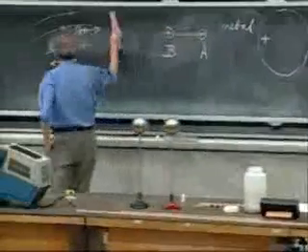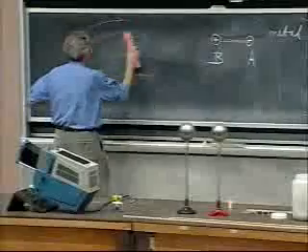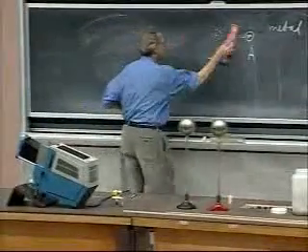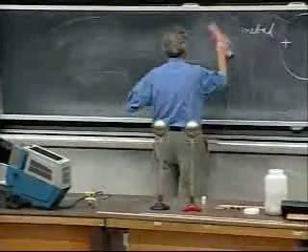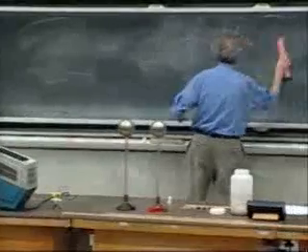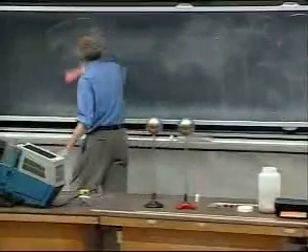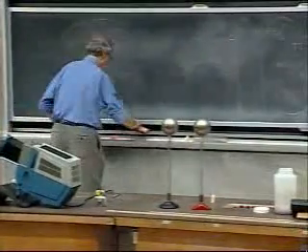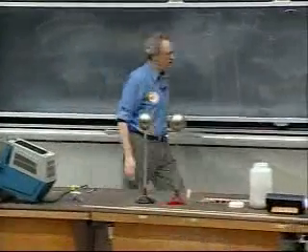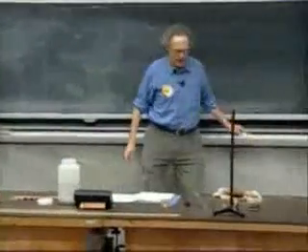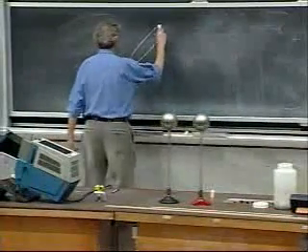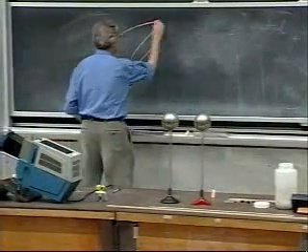I can probe an electric field using grass seeds in oil. Grass seeds are elongated, and when I put a grass seed in an electric field, it will become polarized. There's nothing you can do about it. Here's a grass seed, and the electric field is like so.